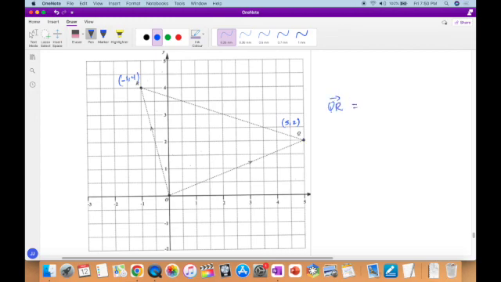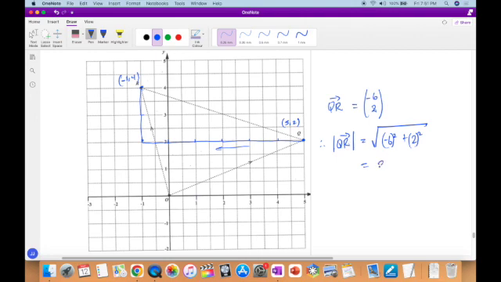We go from Q to R, so we move 1, 2, 3, 4, 5, 6 spaces that way, which is negative 6 on the X, and then positive 2 on the Y. Therefore the modulus of QR will be the square root of negative 6 squared plus 2 squared.